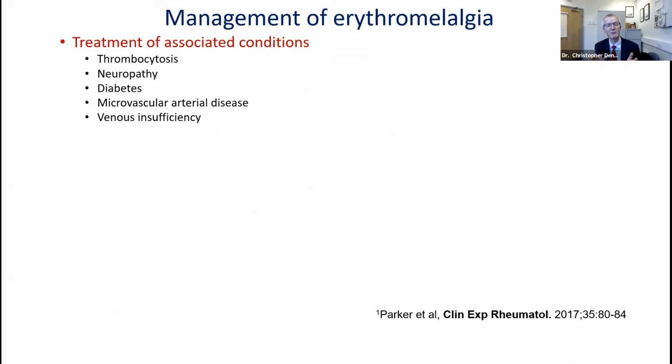It can have a small fiber neuropathy associated with diabetes. It can be associated with microvascular disease, and in the lower limbs, sometimes with venous insufficiency. But the hematological cause that is most important is thrombocytosis. So increased platelet counts can very much be associated with new onset erythromelalgia.